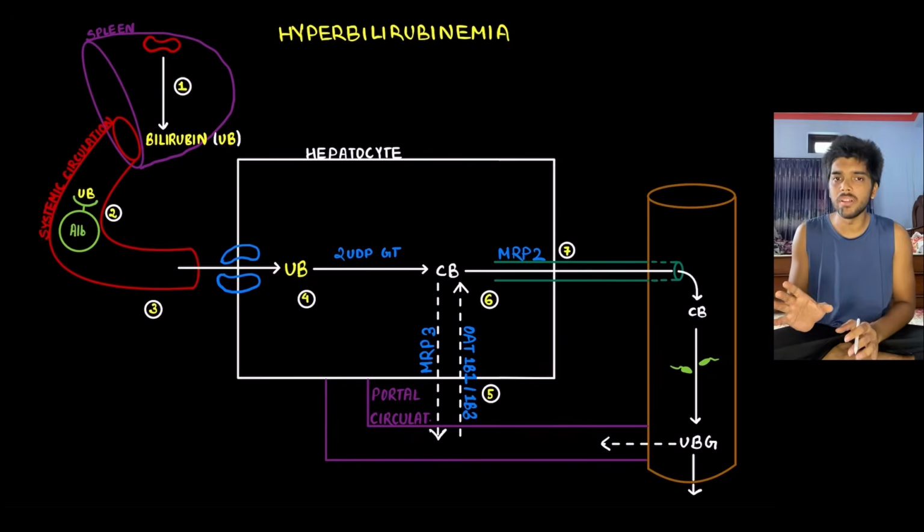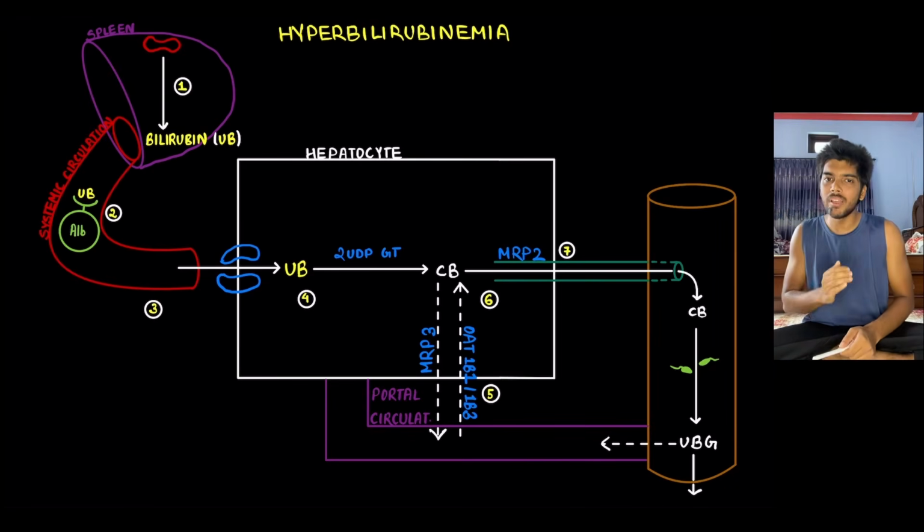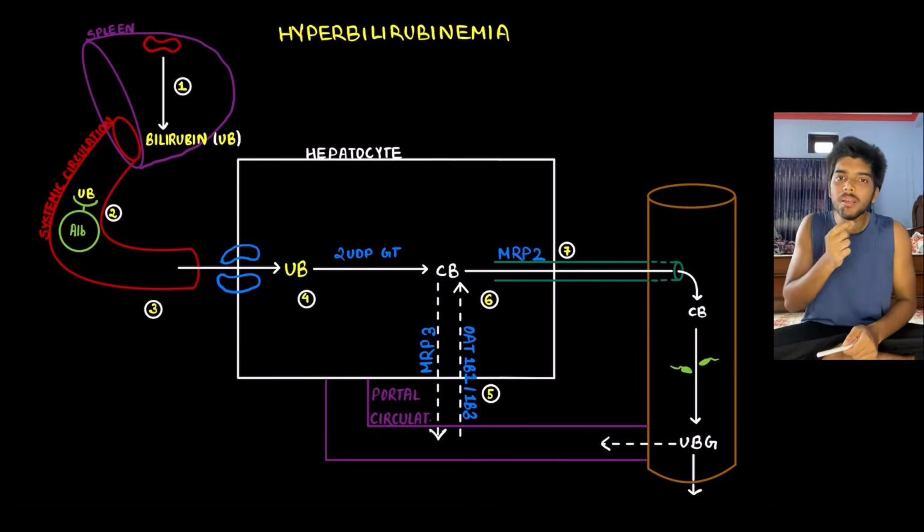So a short revision of the story of metabolism of bilirubin, but this time it will be stepwise, so that at these individual steps, you can learn the pathological defects that occur leading to increase in the level of bilirubin in blood.